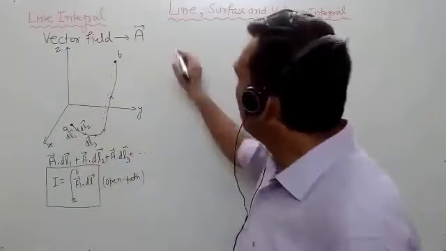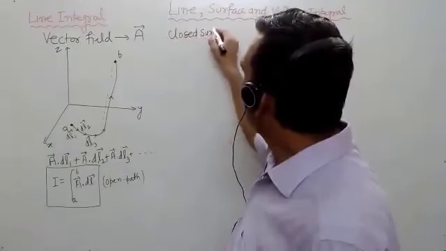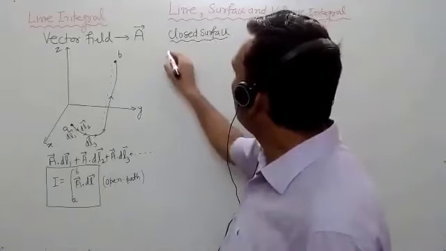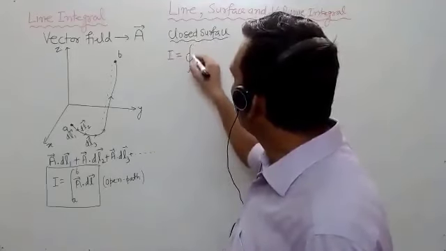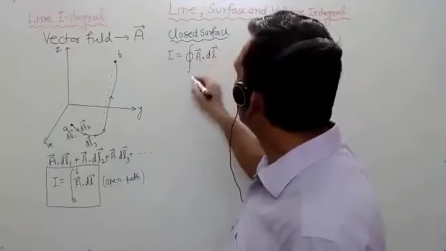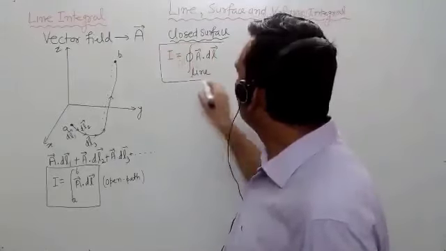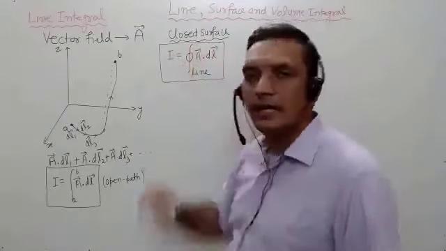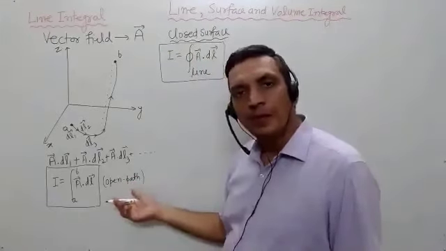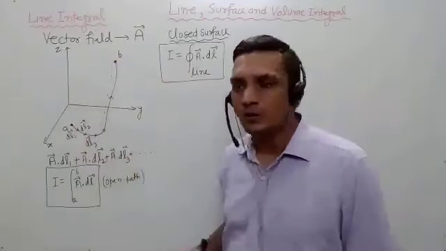So if we have a closed surface, then line integral over the closed surface is given by closed A dot dl. This represents the closed line integral. So we can find line integral on an open path or closed path. When point A and B coincide, path is closed path.